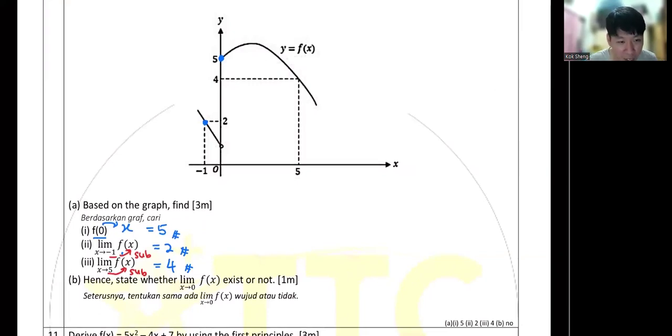Next one. Here is the question that I asked just now at the beginning. You have to state whether the limit as x tends to 0 exists or not. This is the part where you have to know how to determine whether you have the limit or not.